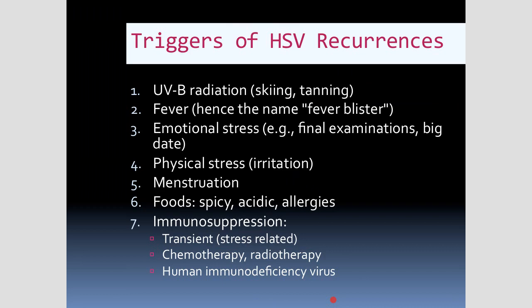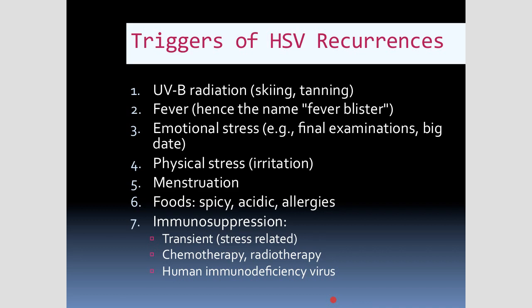Number one, UV radiation, skiing and tanning. People who go tanning will trigger their existing HSV infection. Fever: the blisters that people see with a fever are called fever blisters, but they are HSV. Emotional stress, I used to say micro exam rather than the final exam, because it happens, you just get stressed out, freak out for some reason.